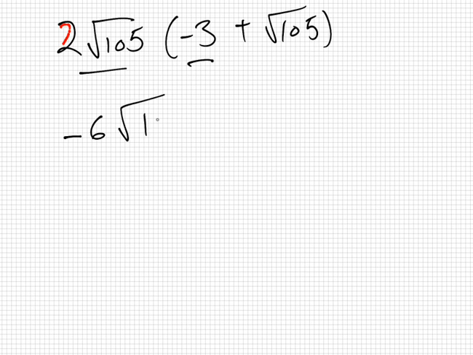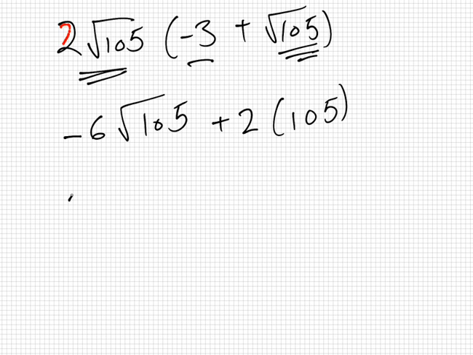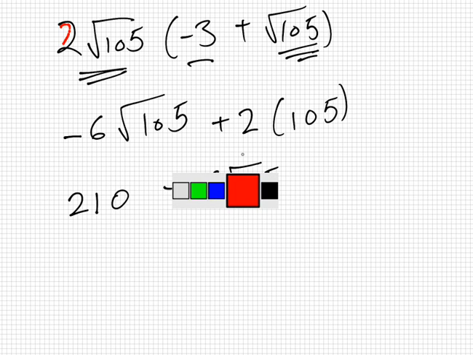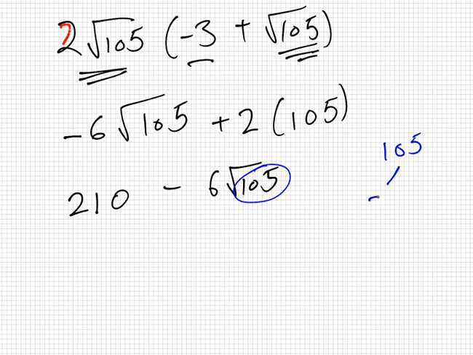8 minus 9 root 21, times minus 7 plus 2 root 21. Okay, so we multiply them. We do 8 multiply minus 7, 8 multiply this one, and then this one multiply this, and this one here multiply this.